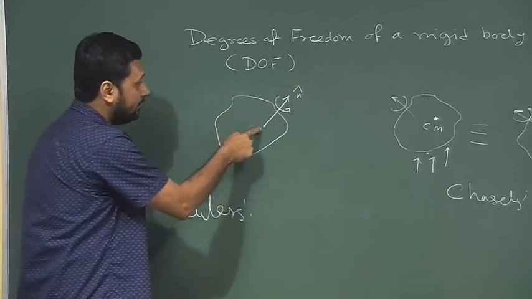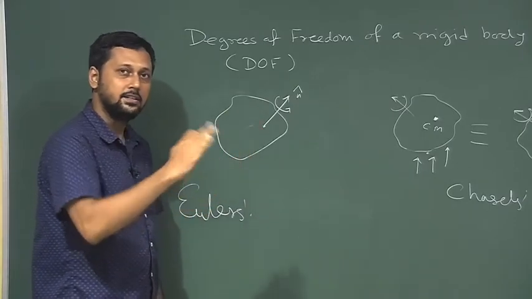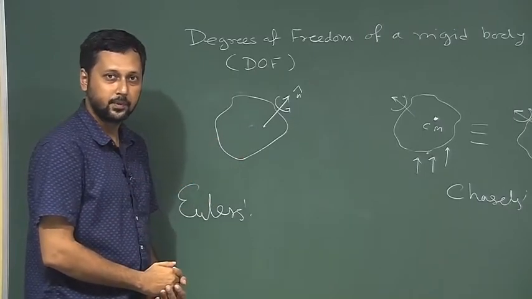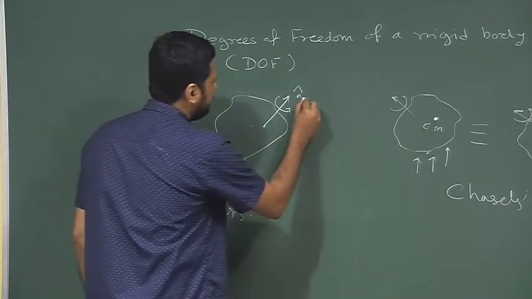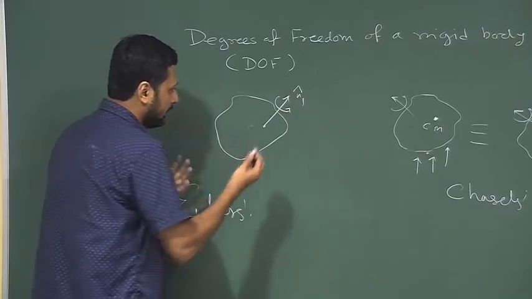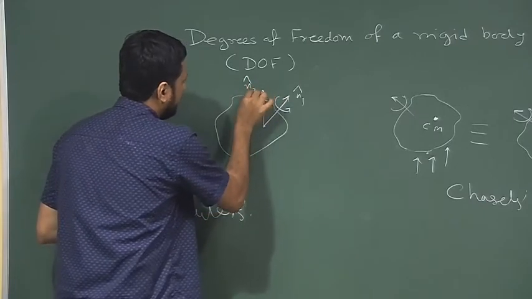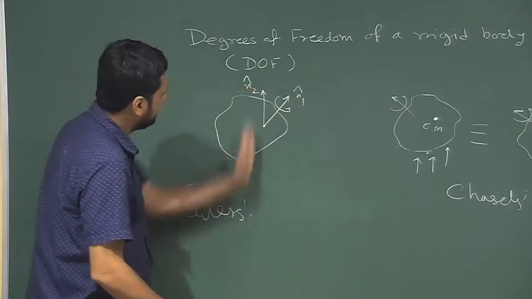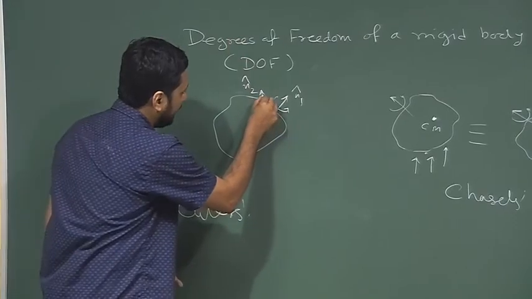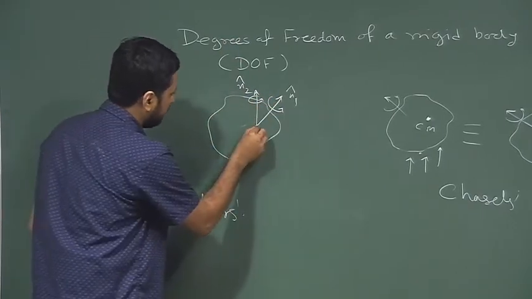The direction of that axis can change the very next moment. What I mean to say is, let us say at time t1 this is the direction, and if the motion is totally haphazard, random, then in the very next moment we will have an axis in this particular direction, but the rotation will be around that axis.